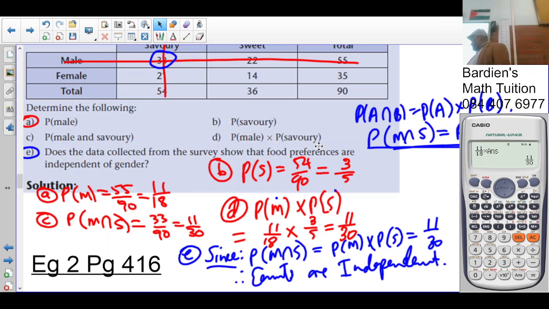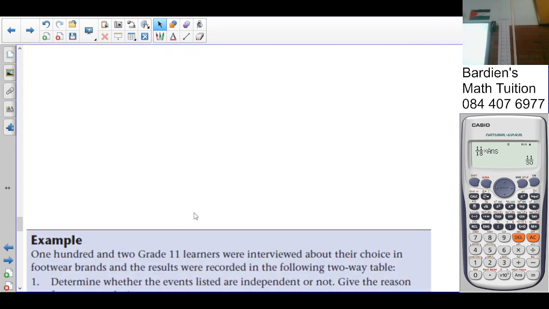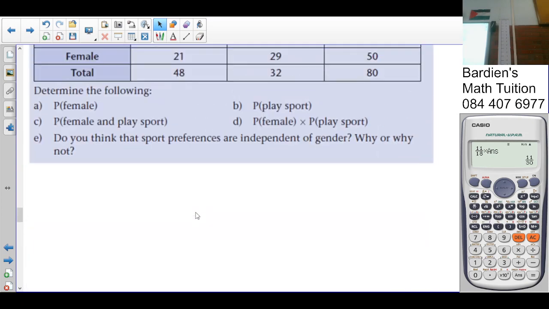Alright. This is a very important conclusion to draw. We'll be able to answer. Okay. Any confusion there, people? Okay. Last question, question 3. There are 2 more examples.